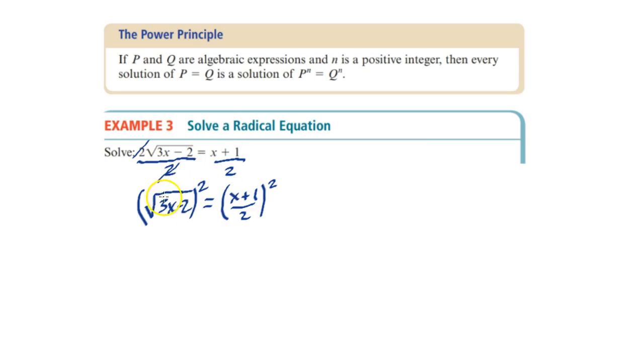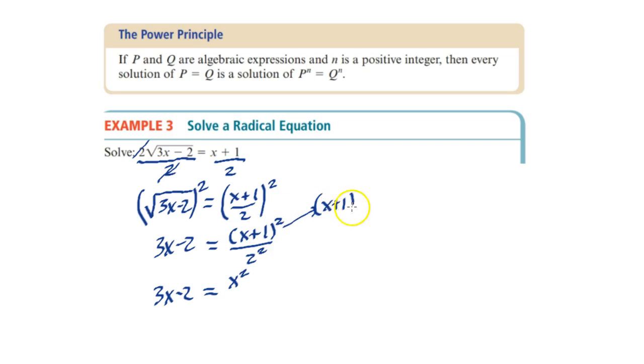Okay, so what we notice is the square root cancels with the square, and we get 3x minus 2 is equal to, and now we want to square the side of the equation, so we would square the x plus 1 and square the 2, and that gives us x plus 1 squared, which is x plus 1 times x plus 1.